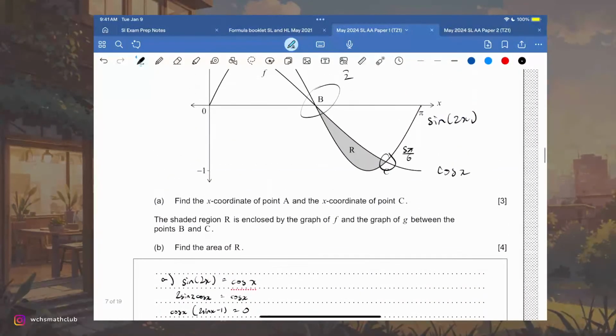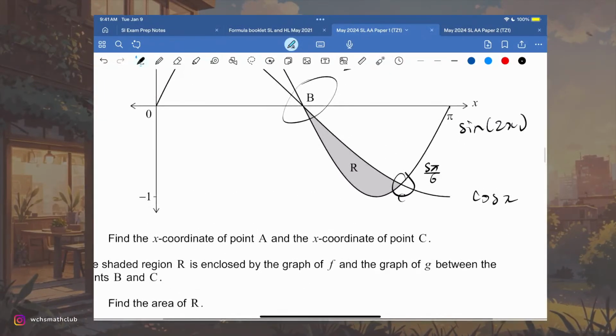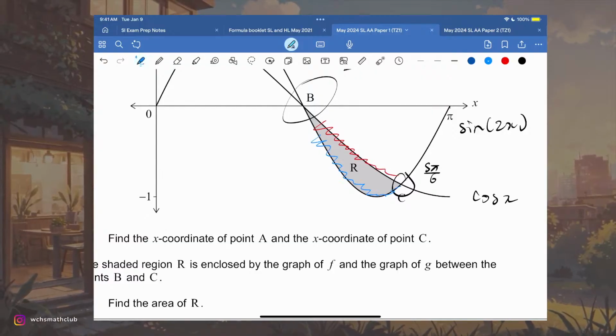So now we're going to have to use some calculus skills. We're going to have to use the integral to find the area. And we see the top curve is going to be our cosine x function, which is right here. And then our bottom curve is going to be the sine 2x function right here.